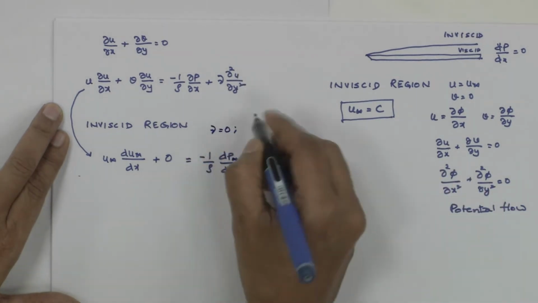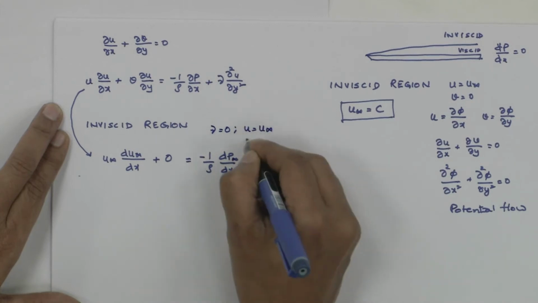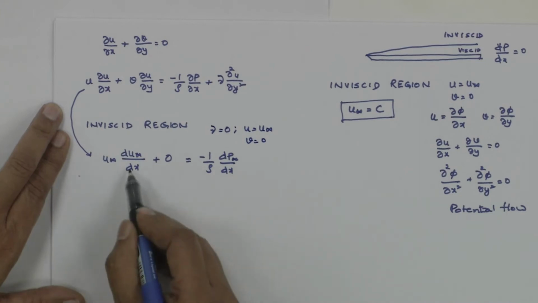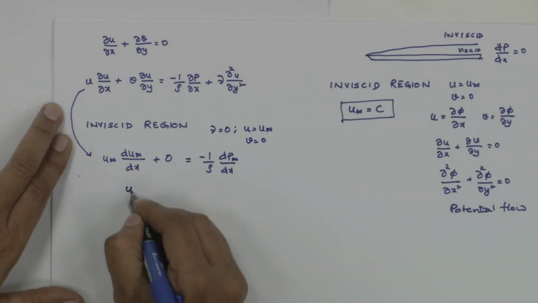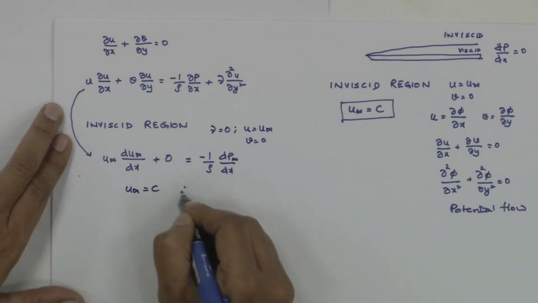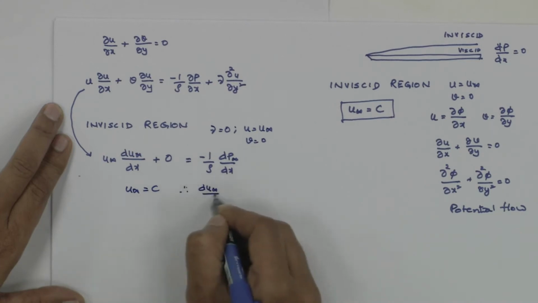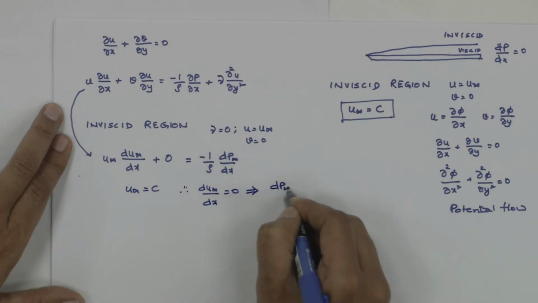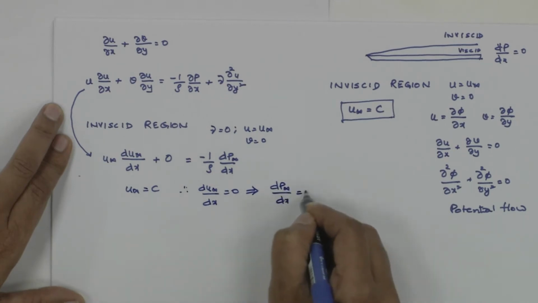U is equal to U infinity, V is 0. But I said U infinity is constant. So dU infinity by dx is equal to 0, which implies dP infinity by dx equal to 0.